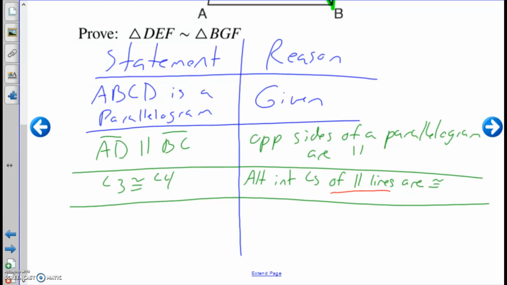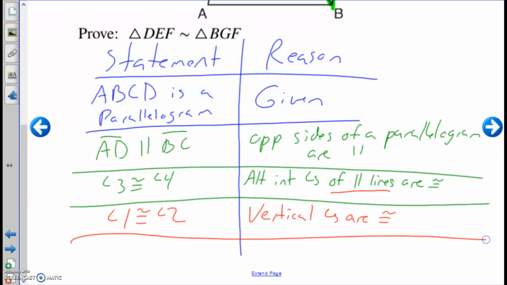So that is that. And then the last piece here was that angle 1 is congruent to angle 2 because vertical angles are congruent. And then lastly, that means triangle DEF is similar to triangle BGF by the angle-angle theorem.